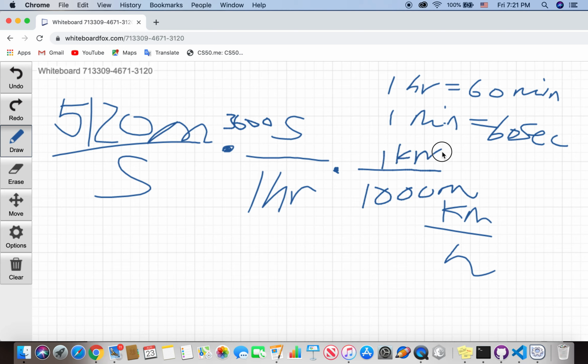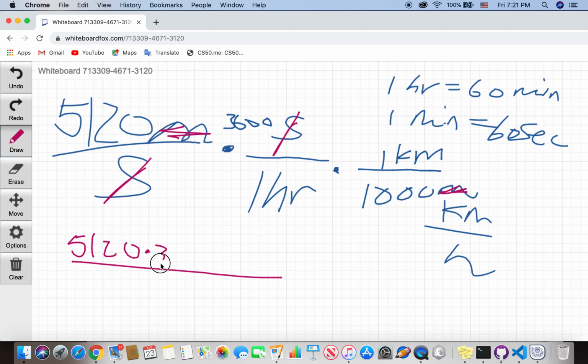Okay, so now let's cross out the units. Let's say bye-bye to seconds, and meters with meters. So what the answer actually is, is 5120 multiplied by 3600 multiplied by 1 and divided by 1000.